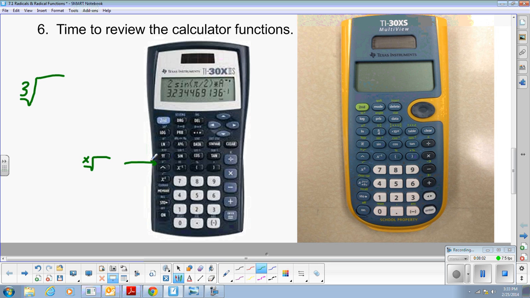What you have to do on your calculator, since I want a cube root, is type a 3, and then press second, the light blue function. The reason I have to do that is that the function is written in light blue above the key, so I have to press that second function, and then press that x radical symbol, and then type my number.